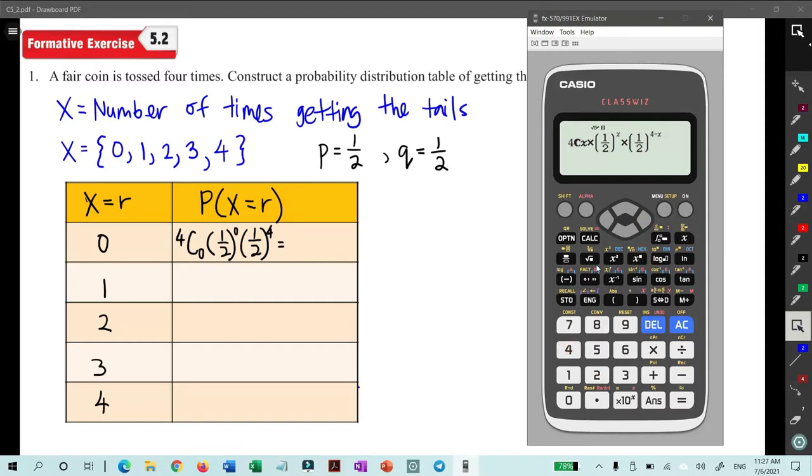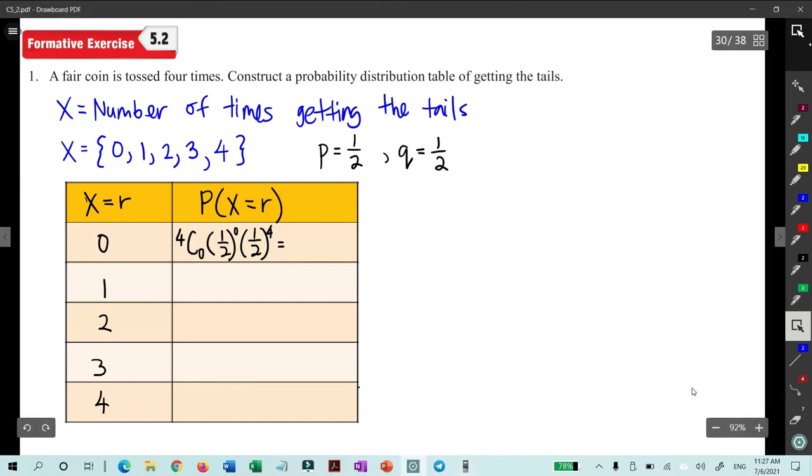So the first value of x is equal to 0. The value is 1/16. So you also can write the answer in decimal.